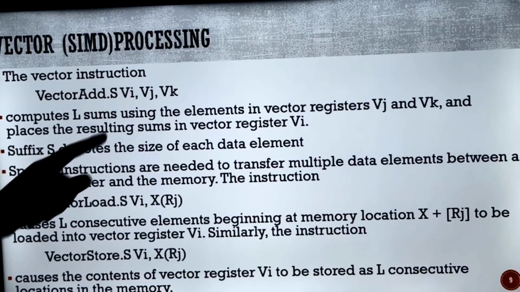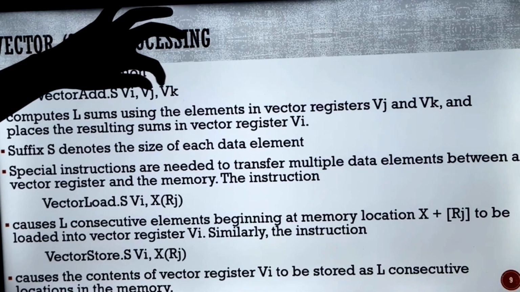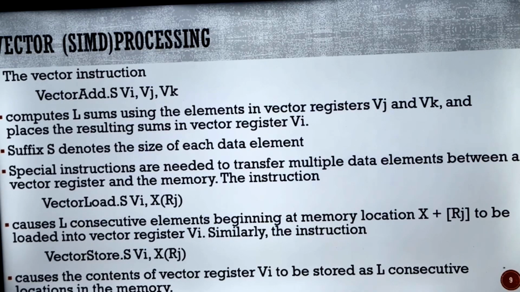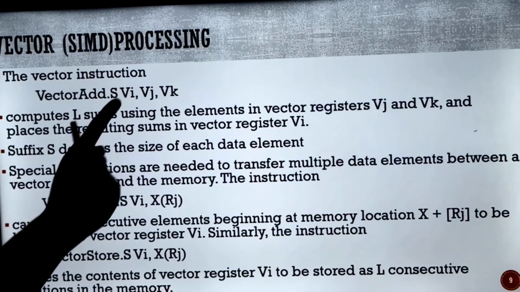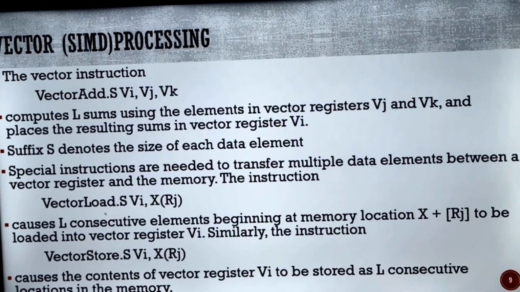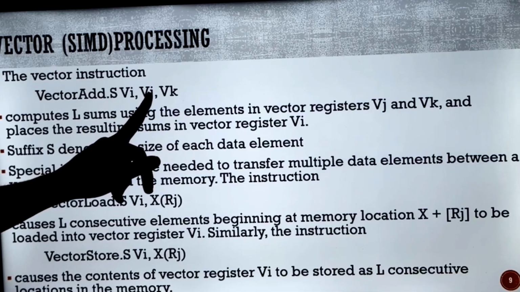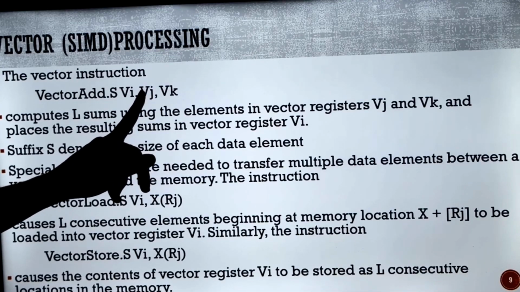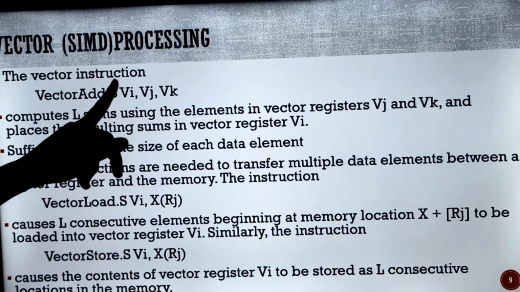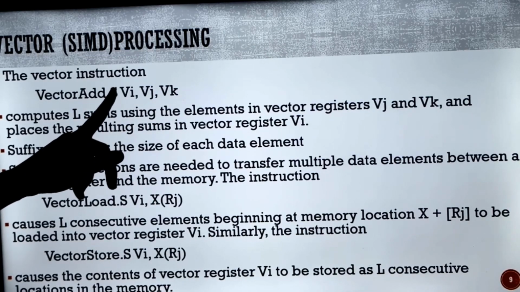This s says the length of each data in your Vj or Vk, or how many bits you need to store a single data from Vj or Vk. Say your Vj is holding two different integer numbers. For each integer number, how many bytes or bits do I need? This s says that only. If you are dealing with integer numbers, then I need 4 bytes.